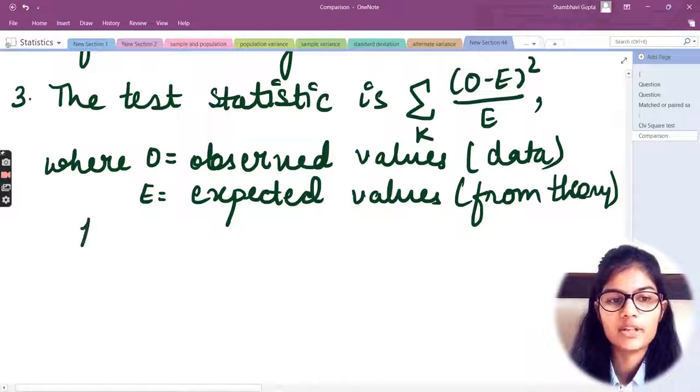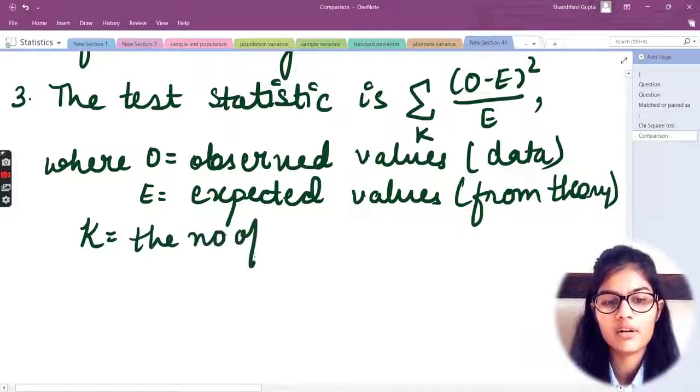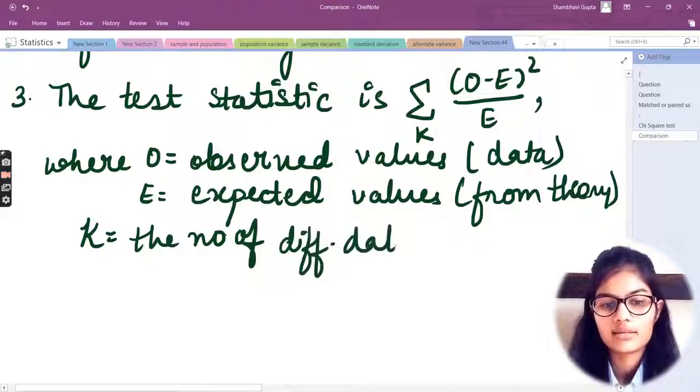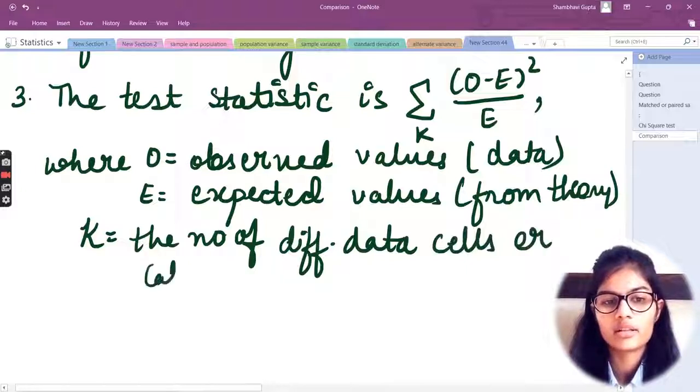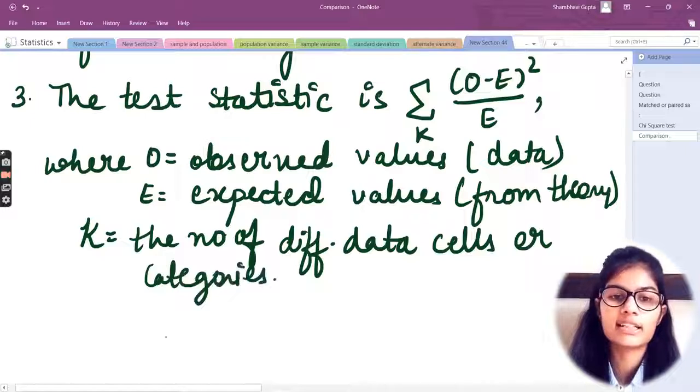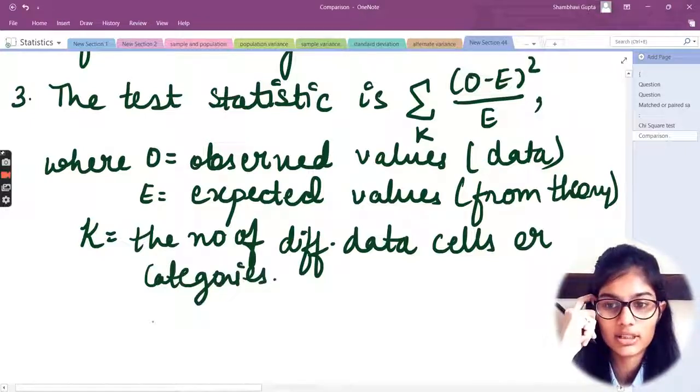We had the K as well in the formula. So K is the number of different data cells or categories, right? So K is basically the number of different categories which we have.